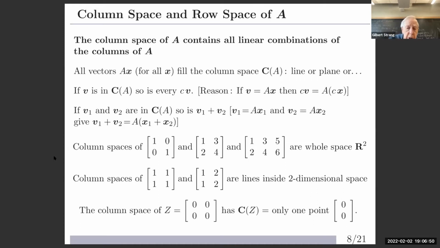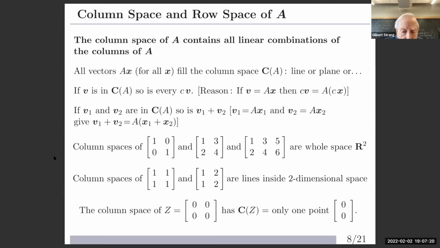Look at the end of this slide, you see some examples. The column space of the identity matrix is all combinations of (1, 0) and (0, 1). So we will get any vector (x, y), the whole xy plane. And (1, 2) and (3, 4) will also give us the whole xy plane because (3, 4) is in a different direction from (1, 2). So they're independent.